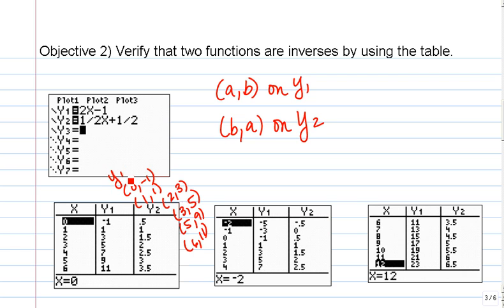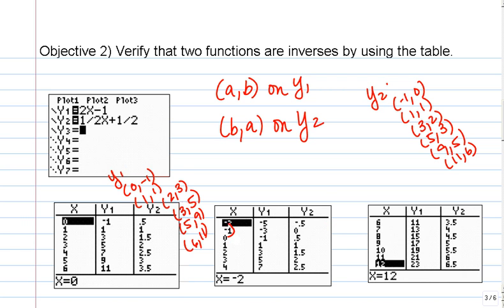So on y2, what we would expect to see would be (-1, 0), (1, 1), (3, 2), (5, 3), (9, 5), and (11, 6). So let's verify just for these few points.